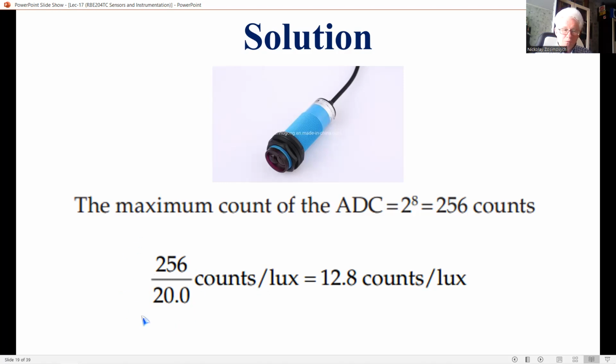Hence, the overall sensitivity of the device is 256 over 20, which gets us 12.8 counts per lux. But the sensitivity of the ADC alone is 256 over 5 counts per volt, which gets us 51.2 counts per volt. Okay?